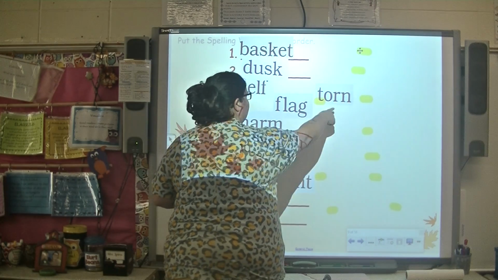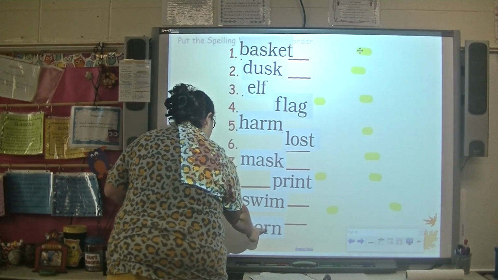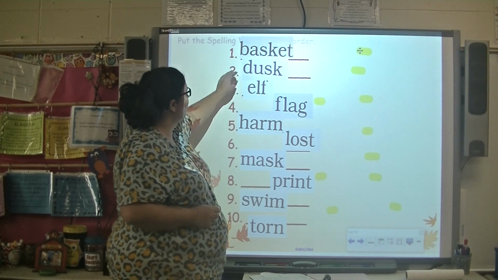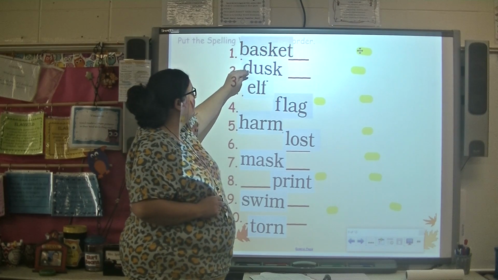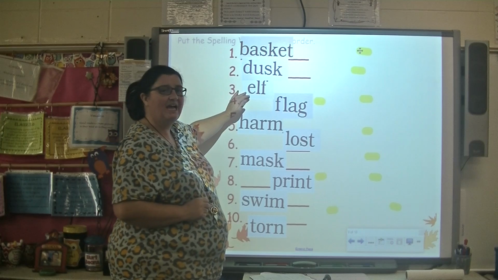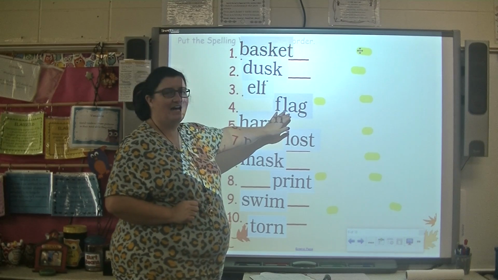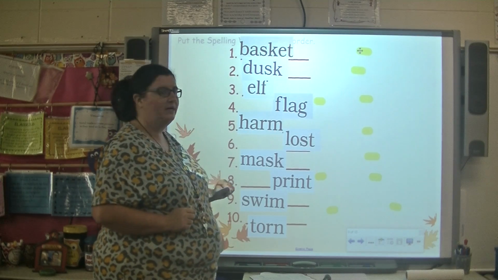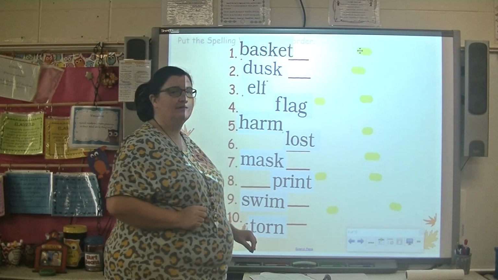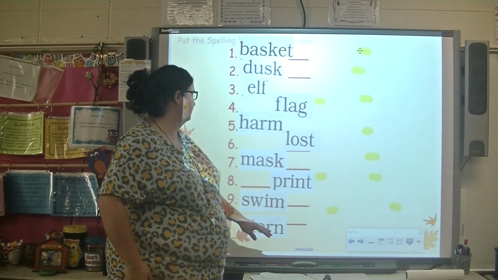And then the last one is torn. So here are your words in ABC order. You should have basket, dusk, elf, flag, harm, lost, mask, print.